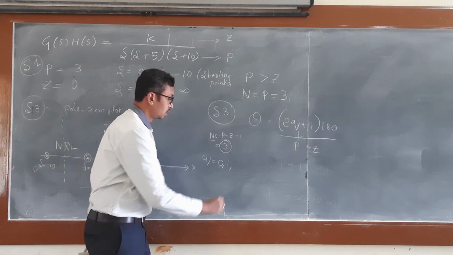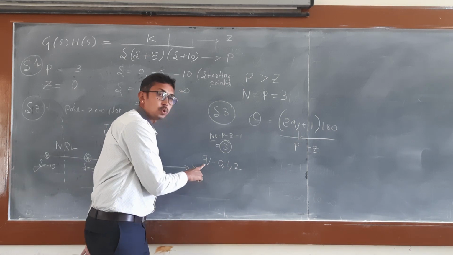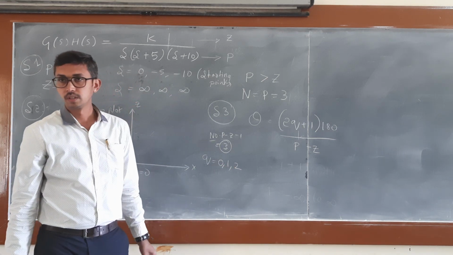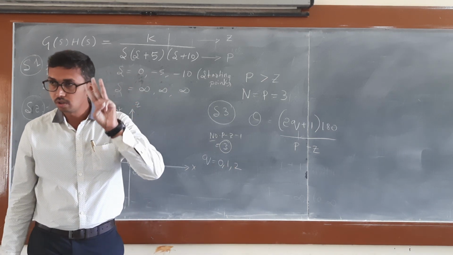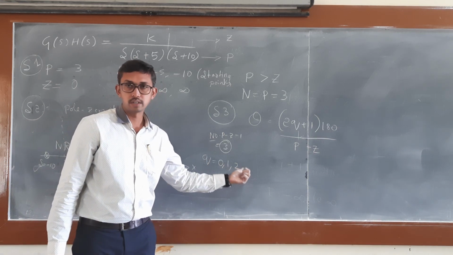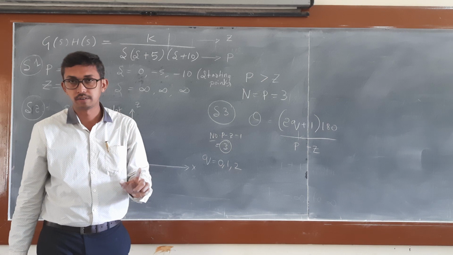What is the meaning of that? 2. So Q is going to vary from 0, 1 and 2. So the number of asymptotes is equal to 3, and the q value is going to vary from 0 to 2. That is P minus Z minus 1.